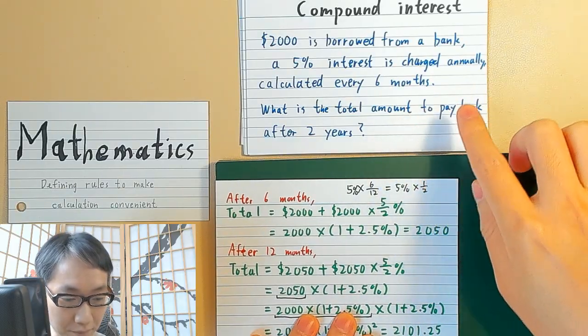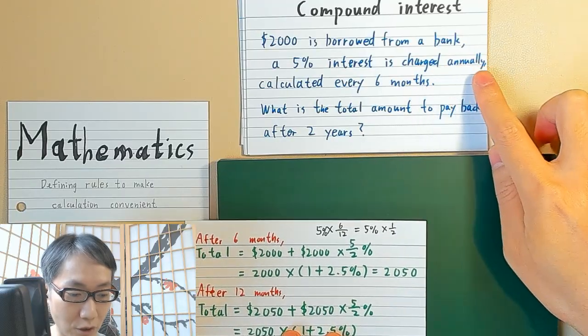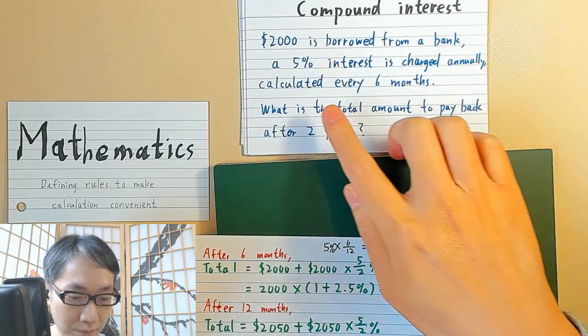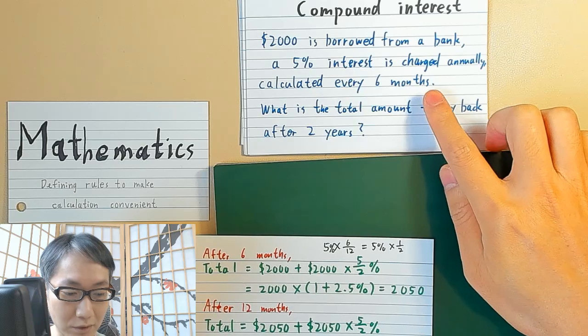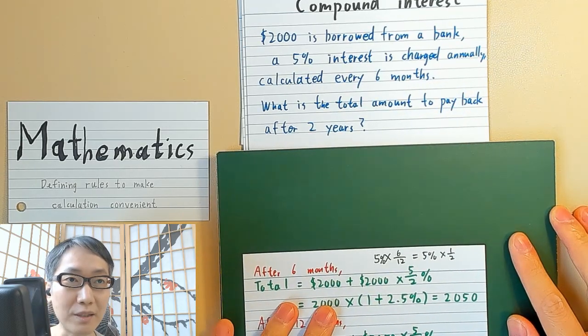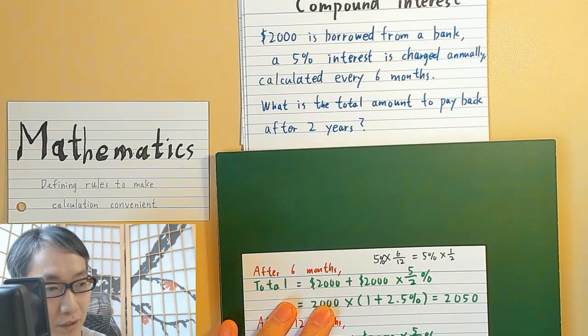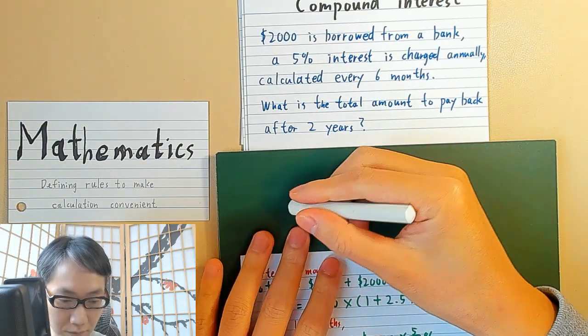Because the 5% interest rate is charged per annum, annually, 1 year, but it's calculated every 6 months. So this is a ratio. We will find the interest for the 6 months based off this ratio.